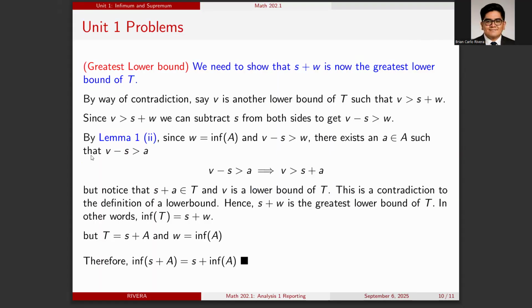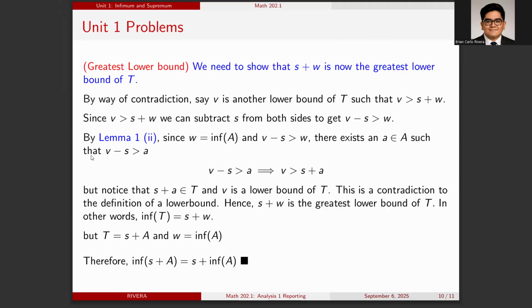On the other hand, we want to show that it's the greatest lower bound. If we want to show that something is the greatest, then by contradiction, let's assume there's another number greater than what we're assuming as the greatest. So by way of contradiction, say v is another lower bound of T such that it's bigger than S plus W. Since that's a number, we can subtract S from both sides.